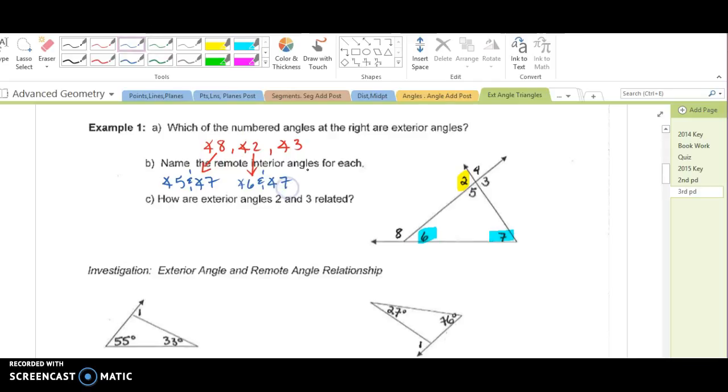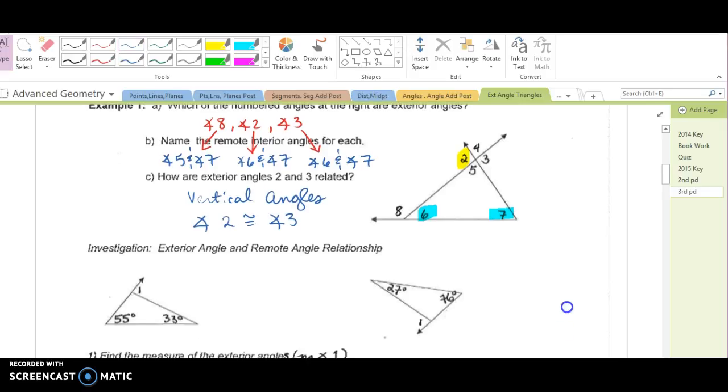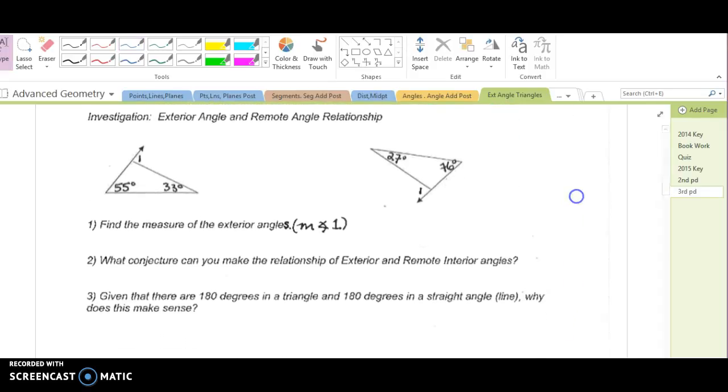And if you're looking at angle 3, again, it's going to be 6 and 7. And then the last question is, how are angles 2 and 3 related? Well, they are vertical angles. That's all they're looking for. You can say they're vertical angles, or you could even say angle 2 is congruent to angle 3 by vertical angles.